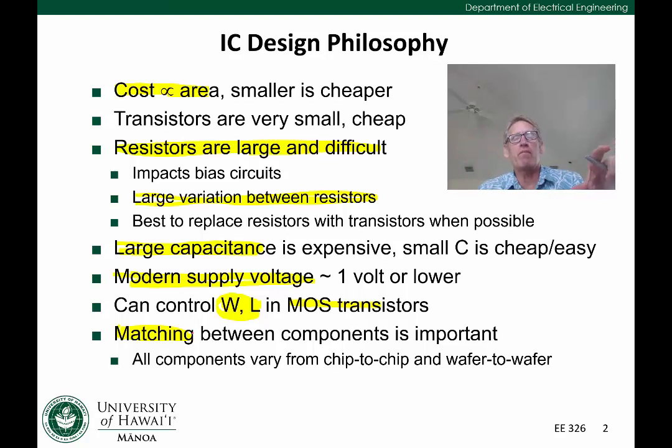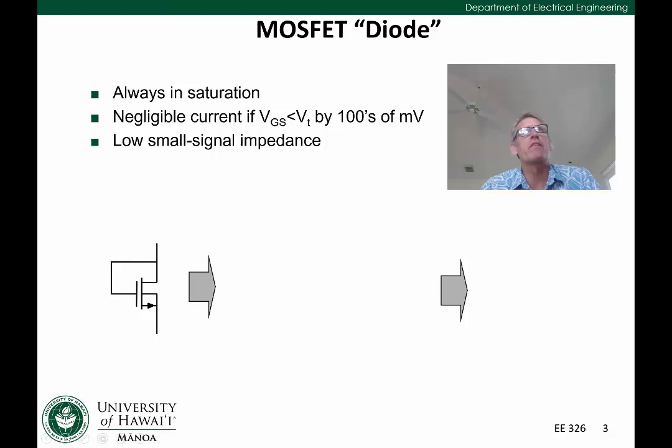It can include chip-to-chip variation, where if I take two chips from the same wafer, they're going to have different characteristics. And also there's wafer-to-wafer variation. So now we're trying to design the same circuit, but on a different wafer, and now we have different levels of variation. So this matching is something that we don't often think about in typical circuits, but it's very important in integrated circuits.